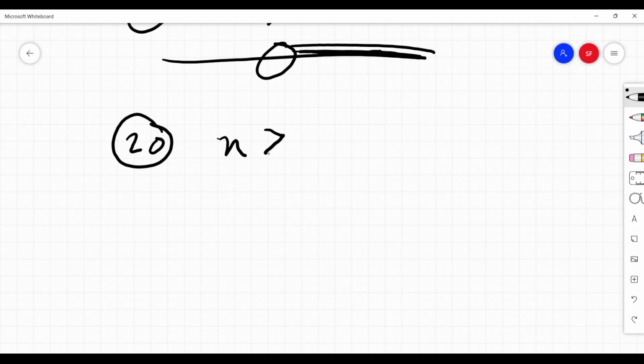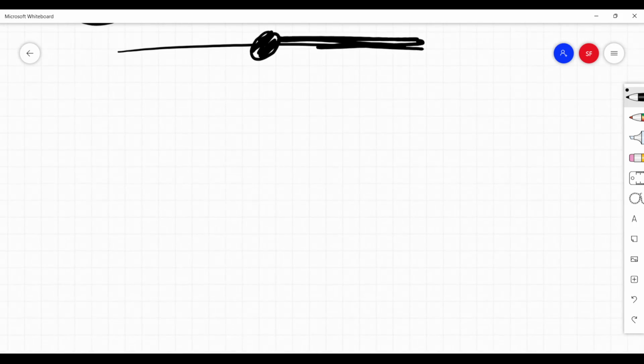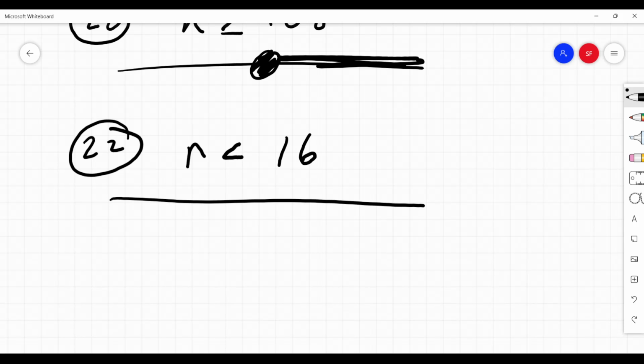N is greater than or equal to 108. You end up with a closed circle shaded to the right. Number 22. R is less than 16, and you end up with an open circle shaded to the left.